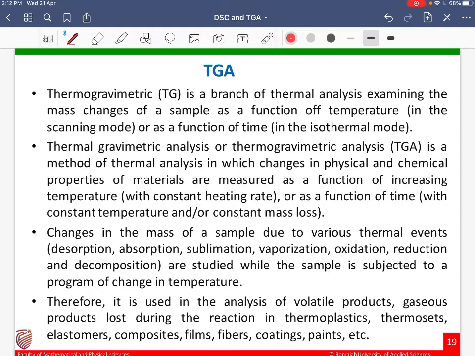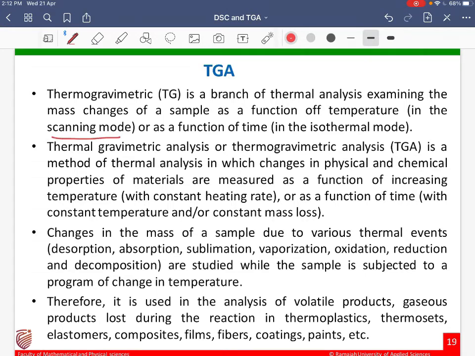In thermogravimetric analysis, we examine the mass change happening for a sample kept in an atmosphere, either while we are increasing the temperature and seeing the mass change, or while we keep the sample at a particular temperature and see the mass change with respect to time. In both ways, we are able to perform thermogravimetric analysis.